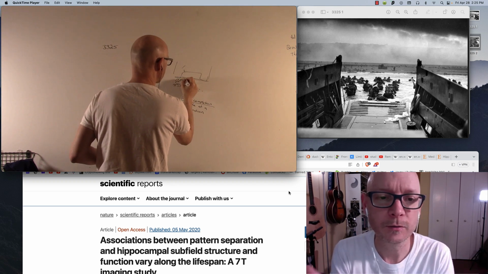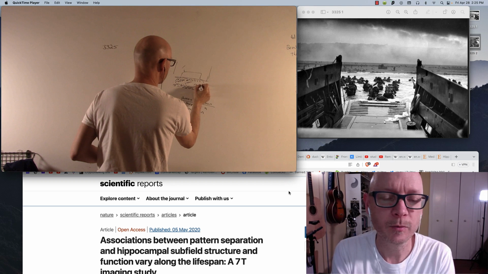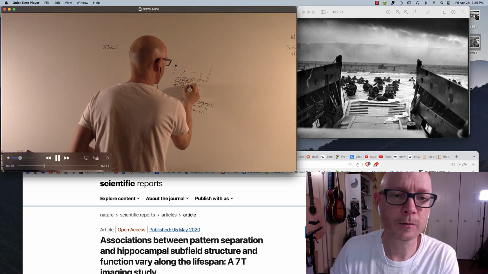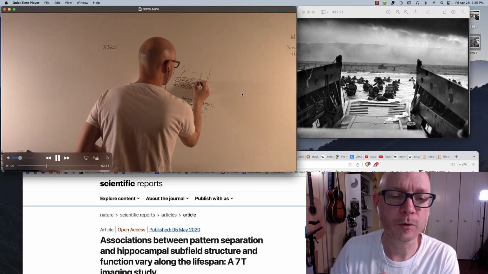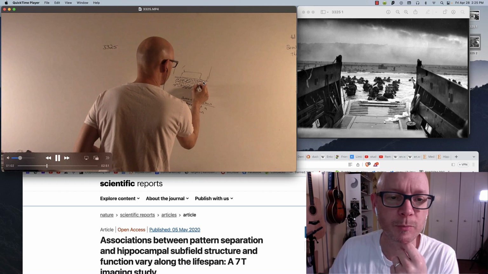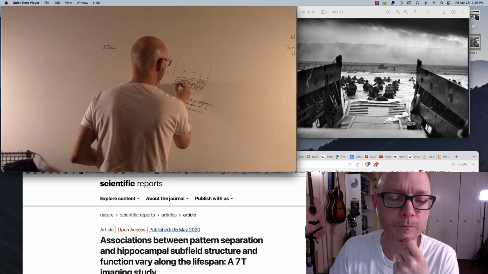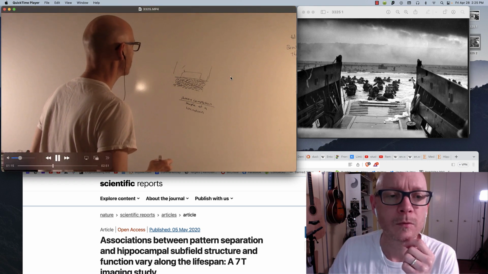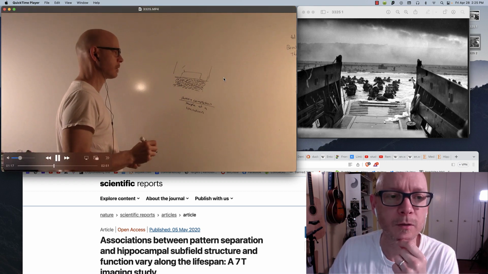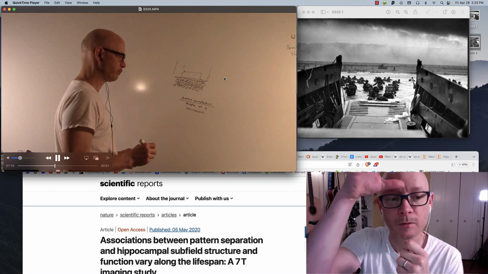Pattern completion. See all these people, and they're in front of this thing here. I don't know what this is, and I don't know what they're doing, but there's a bunch of people, and this thing is in front of them. That's the pattern completion that I experienced.